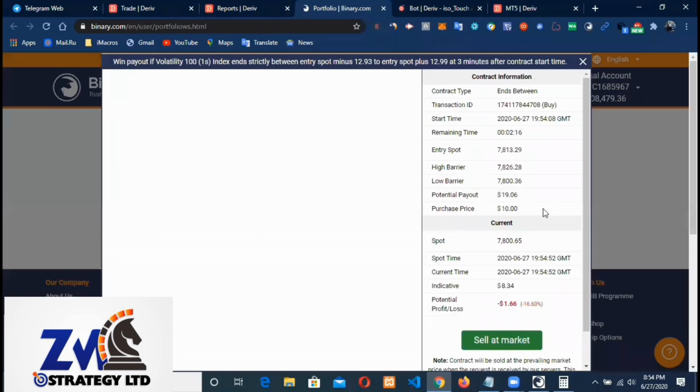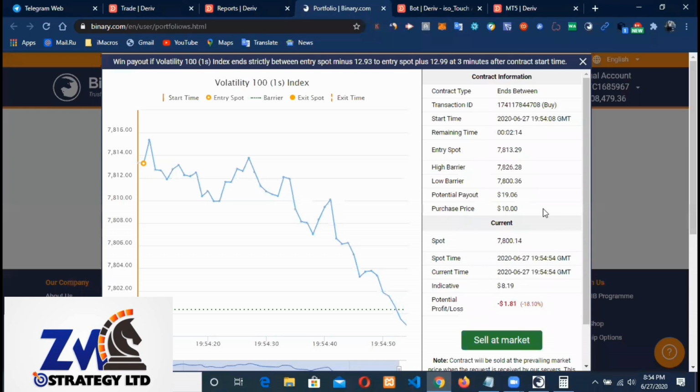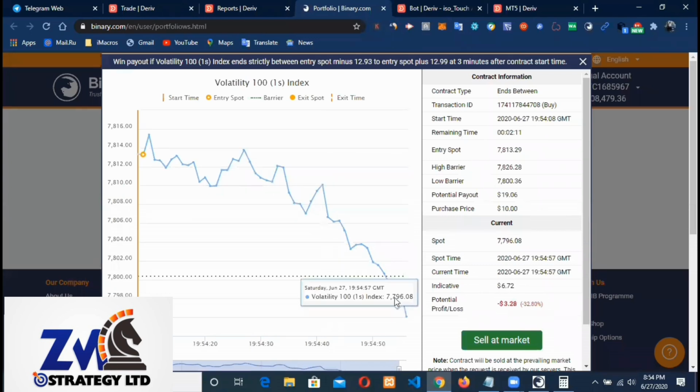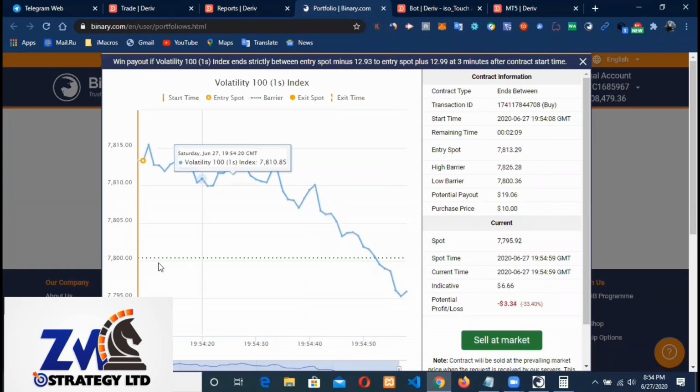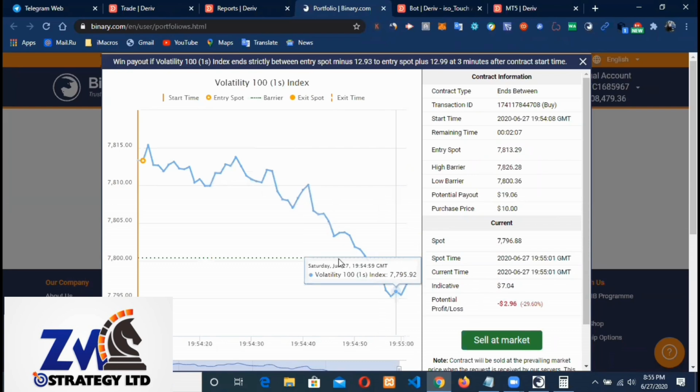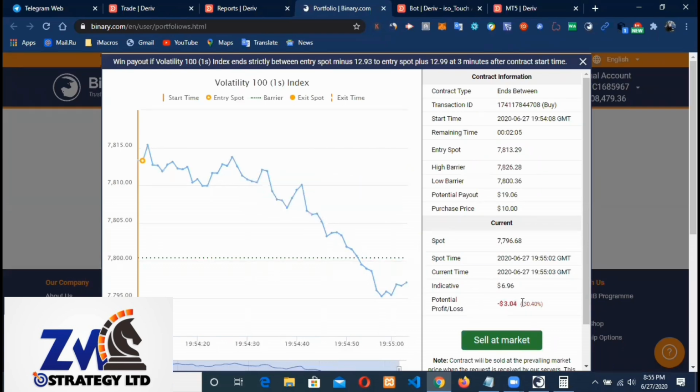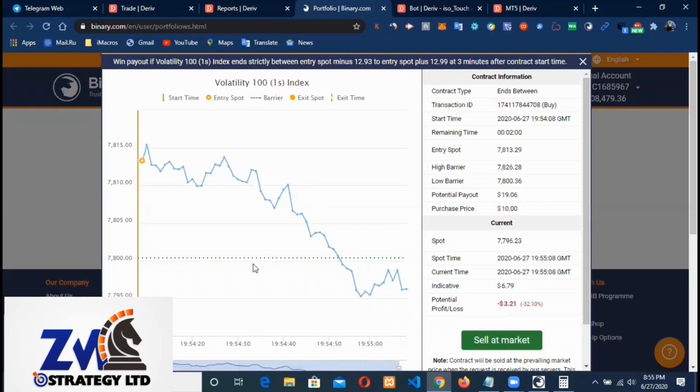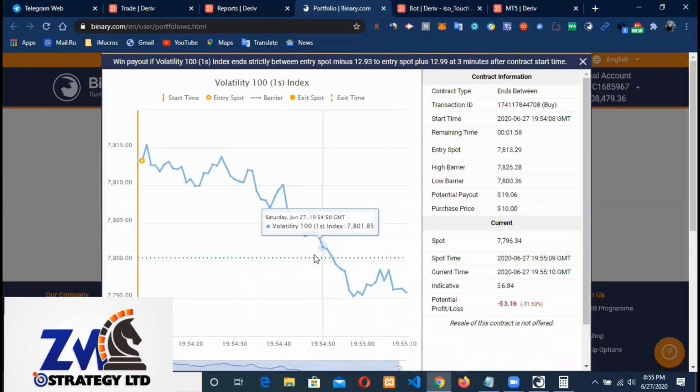Now here is the market. Now you can see that the market has gone below the lower barrier. And you can see that we are now on a loss. That's because the market has gone below the lower barrier.